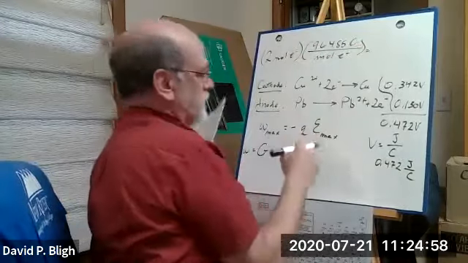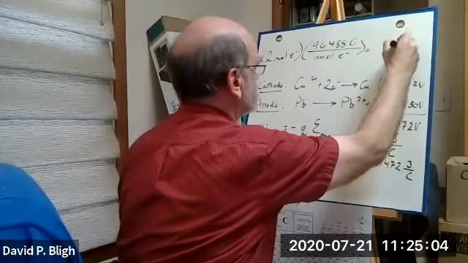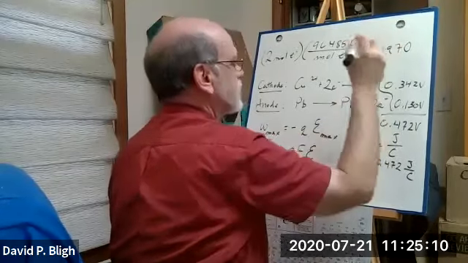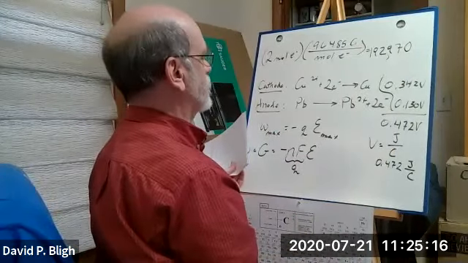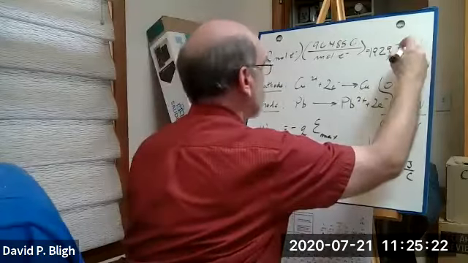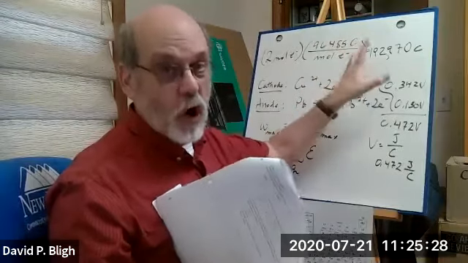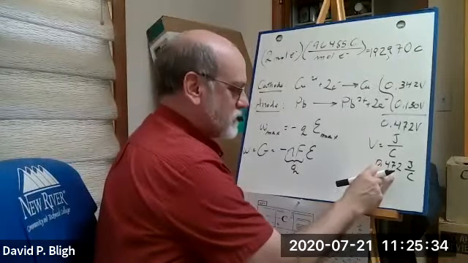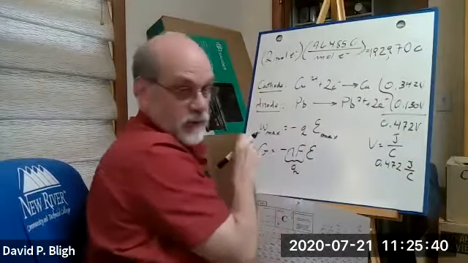Okay, there. So now we have twice that, which would be, let's see if I can do it in my head, 192,970. Let's see if that adds up. Yes. So that's coulombs. For 1 mole of lead, that's the charge amount that's required. So now we have this voltage in terms of joules per coulomb, and that charge in terms of coulombs.